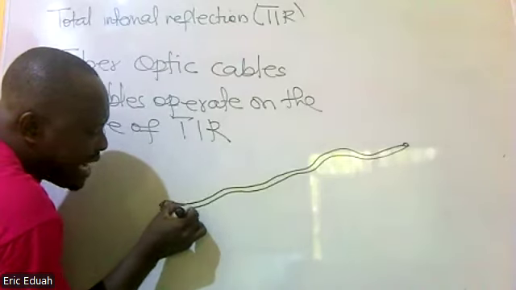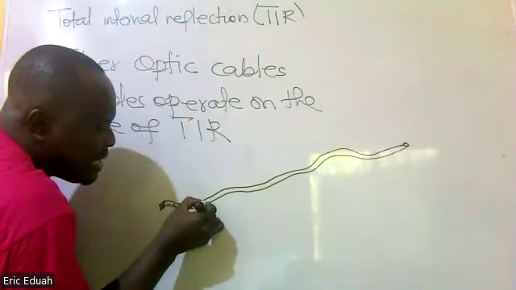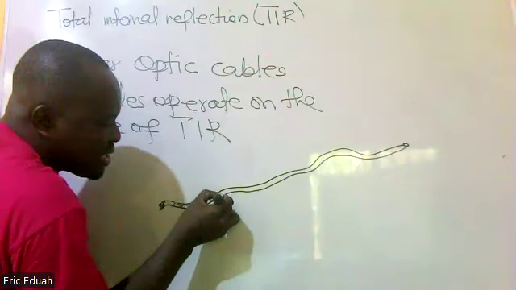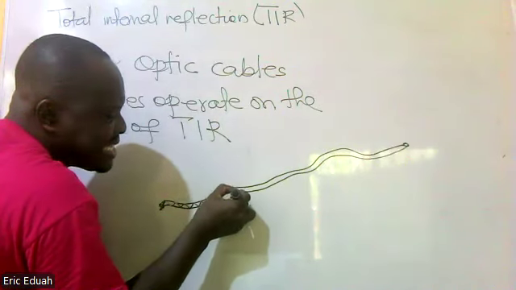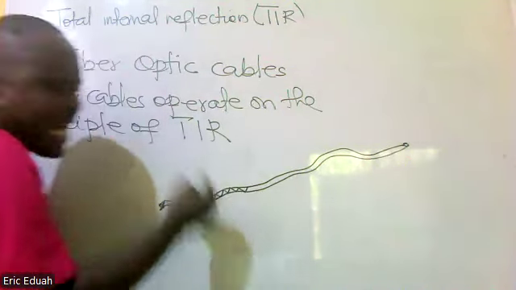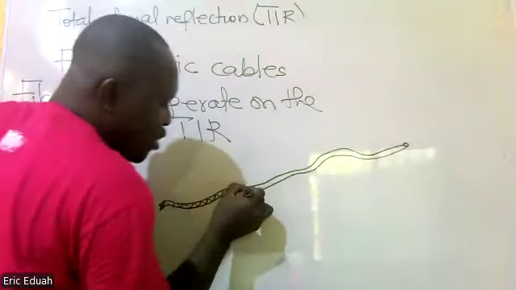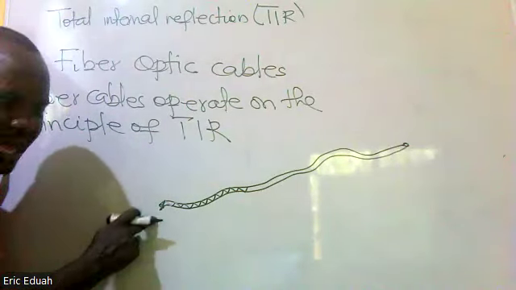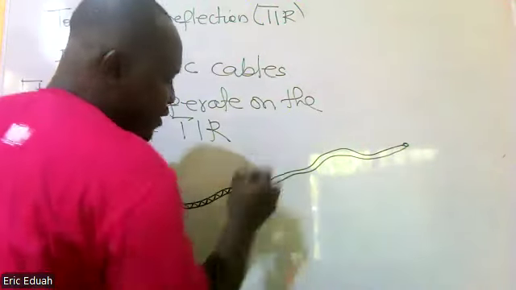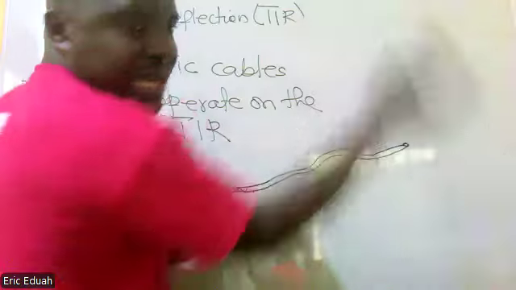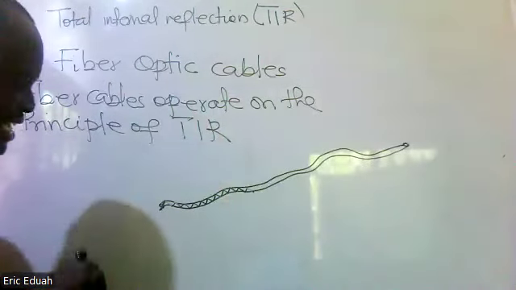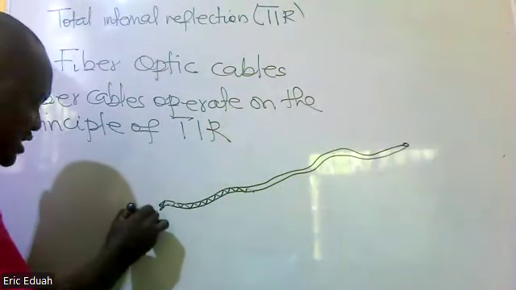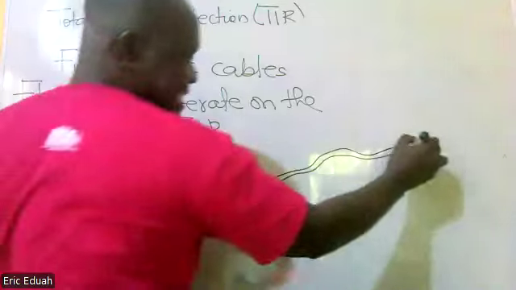So when the incident voice or data call is incident in such a way that the angle of incidence is greater than the critical angle of the glass fiber, total internal reflection occurs in there, and the information can easily be sent from the source to the destination.